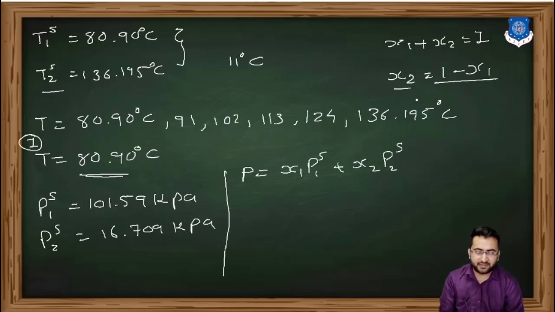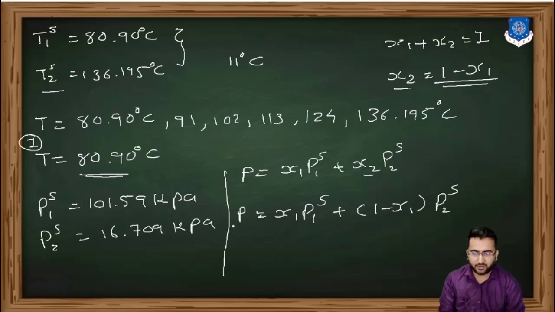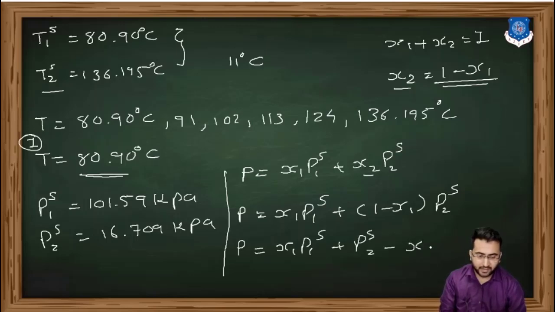Replacing x2 with 1 minus x1 in this equation, we get P equals x1 P1 saturated plus (1 minus x1) P2 saturated. Simplifying, we get P equals x1 P1 saturated plus P2 saturated minus x1 P2 saturated.